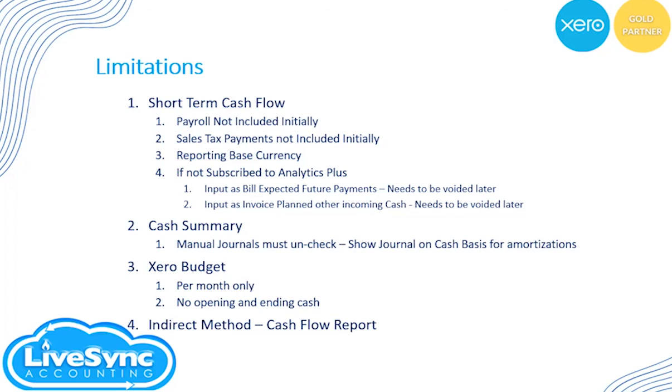The direct method cash flow report did not exist until, I think, 2016. But the management report, they did not modify that. The standard management reporting only has the cash summary because that was the report available at that time. They did not include direct method cash flow. So that's the limitation. You need to export that separately and submit that as part of your management report.